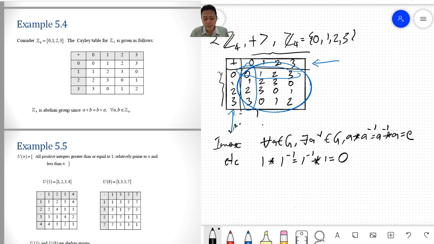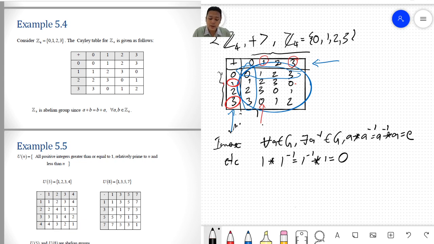From this Cayley table, you need to read 1 binary operation with what you get 0. In this case, as you can observe here, 1 binary operation with 3, you get 0. Same goes for the inverse 3 with 1, you get 0 as well.